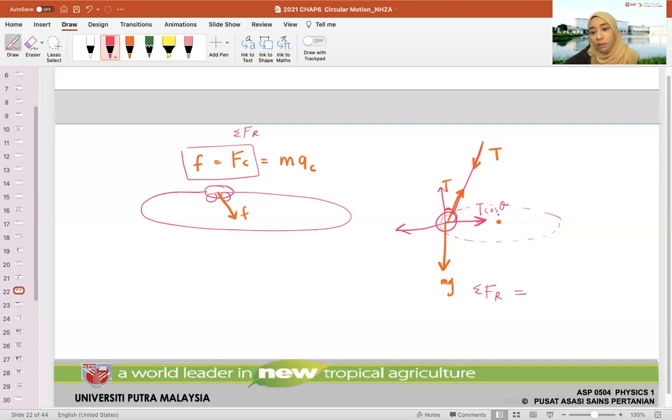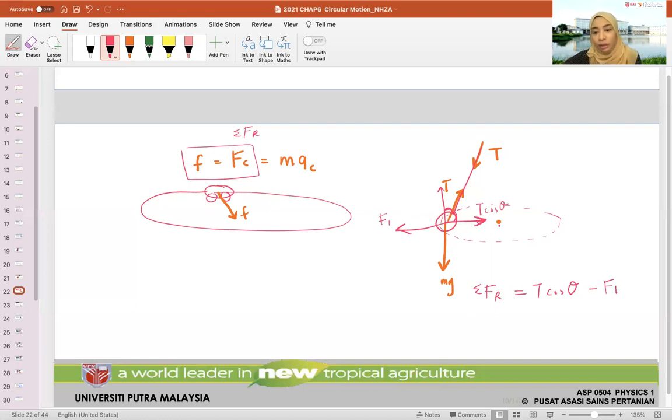If you have multiple forces in this direction, one towards the center and one away from the center, your equation becomes T cosine theta minus F1. Let's say F1 is a random force. So here, I'm actually defining a convention.